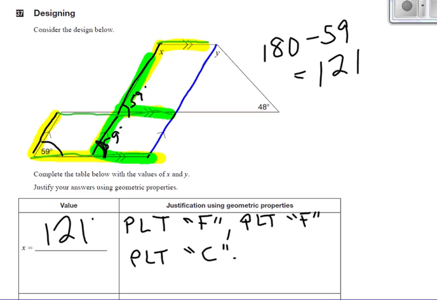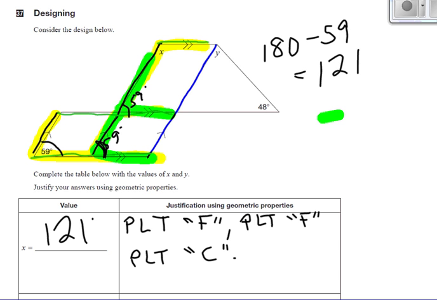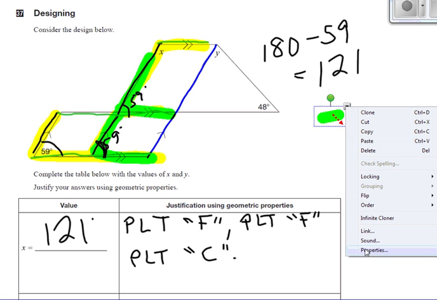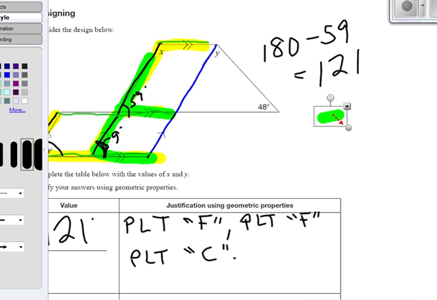And then finally, I need another color marker. Let's see if I can get one. You're seeing behind the curtain here, guys. Nope. Too much hassle. Maybe. Properties. Line style.